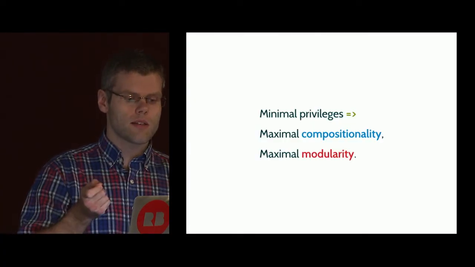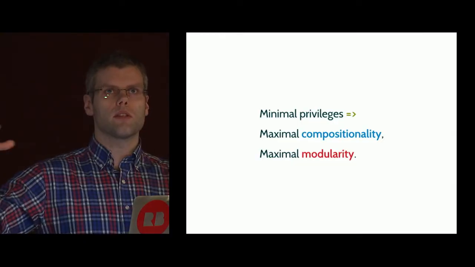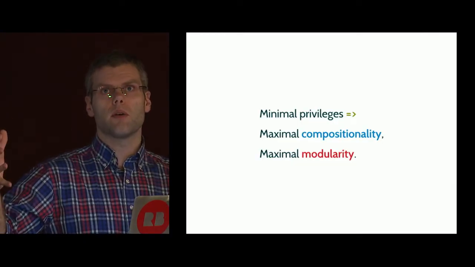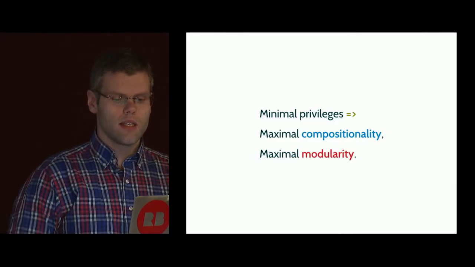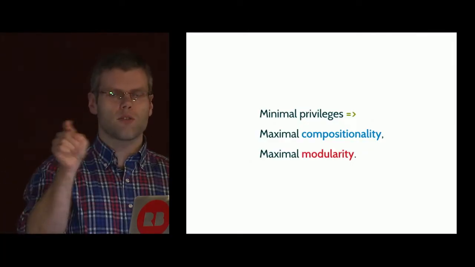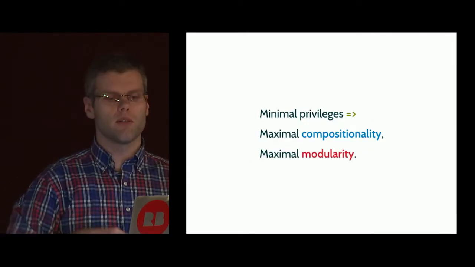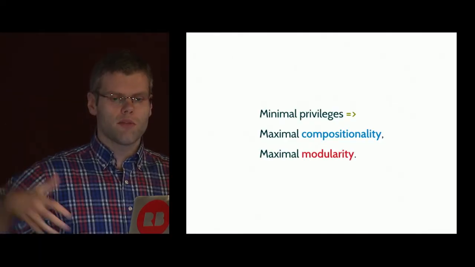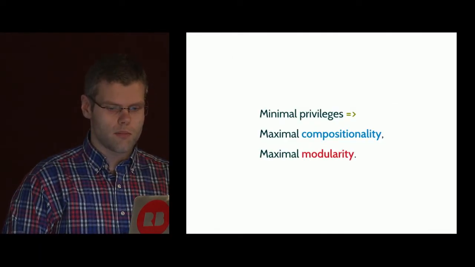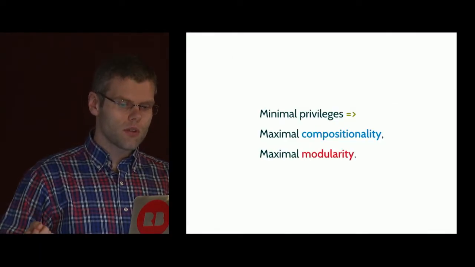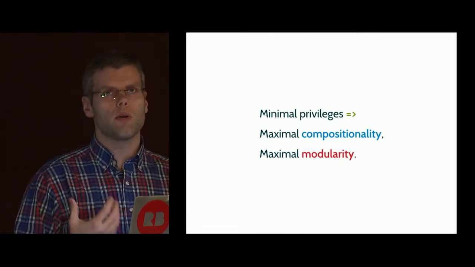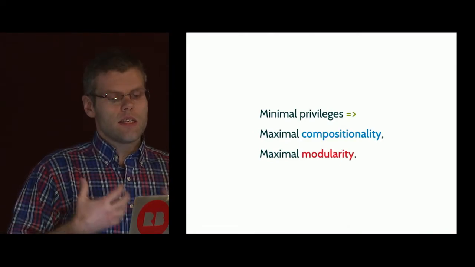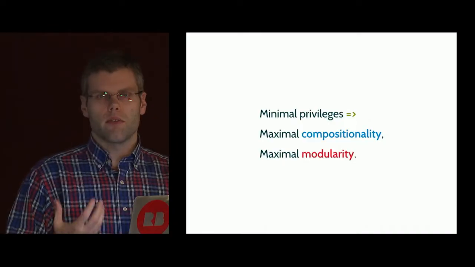Because a composite system requires the largest privileges of all of its components. It requires the max, right? So if you have a composite component, you just find the one that needs the most privileges. But the fewer the privileges a component needs, the easier it is to deploy in a large environment.